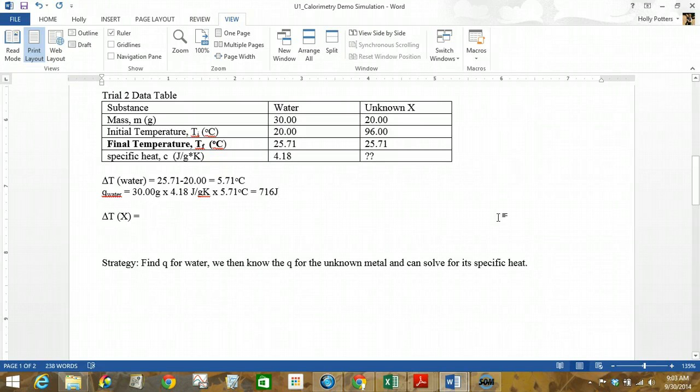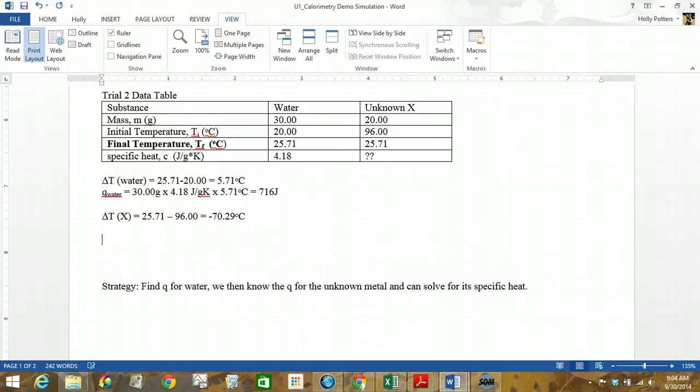So let's plug in what we have for element X, or for metal X. 25.71 is the final temperature minus the initial 96.00, and so that gives us a delta T of negative 70.29 degrees Celsius, and again, negative 716, just plugging into the Q equation.